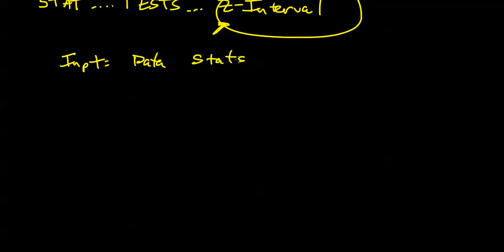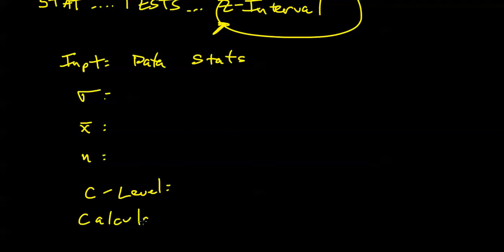It offers you two different input modes, either raw data or summary statistics. It prompts you then for a sigma value, a sample mean value, an n value, a confidence level, and of course once you fill in all these items, there's a calculate item to highlight and select.